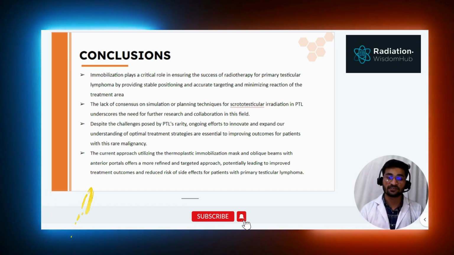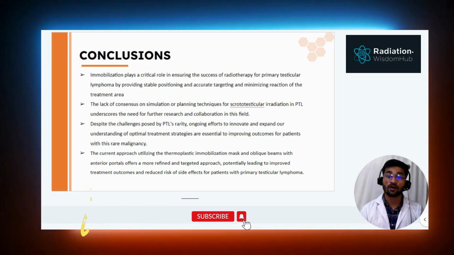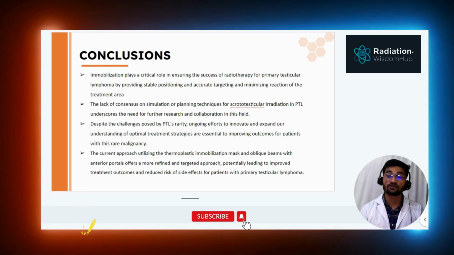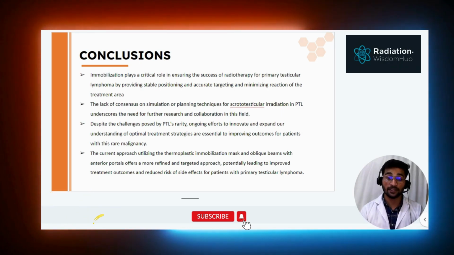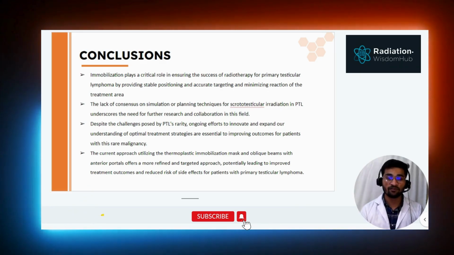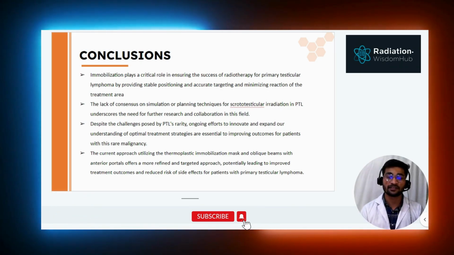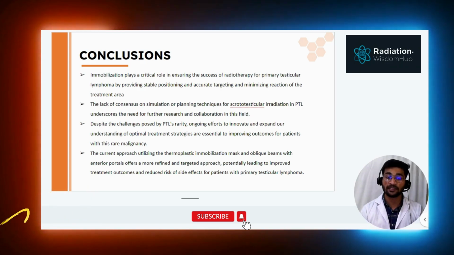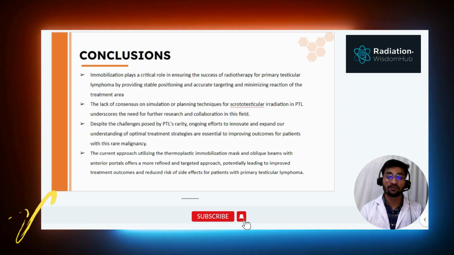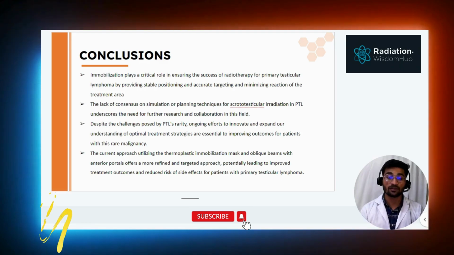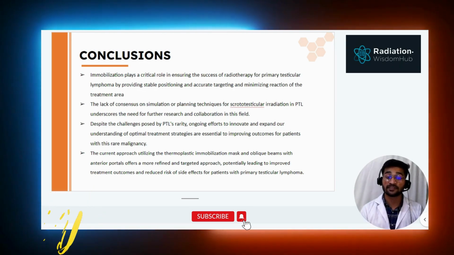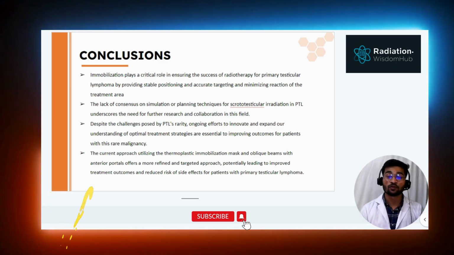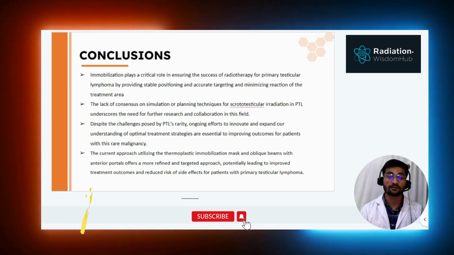The lack of consistency in the simulation or planning technique for scrototesticular irradiation in PTL underscores the need for further research and collaboration in this field. Despite the challenges posed by PTL, ongoing efforts to innovate and expand our understanding of optimal treatment strategies are essential to improving outcomes for the patient.